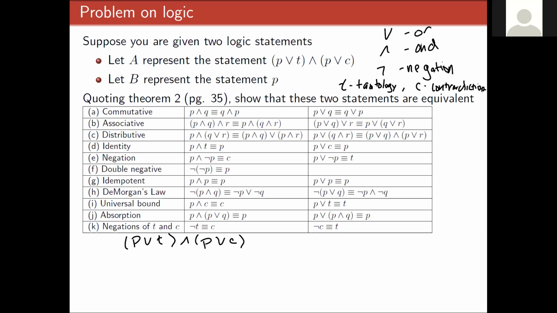So the first step I did is we combine P or T into just a tautology using universal bound. Yeah, that's perfect. So universal bound, we know that P or T is equivalent to T. So this gives us T and P or C. And then we'd say that's by the universal bound.